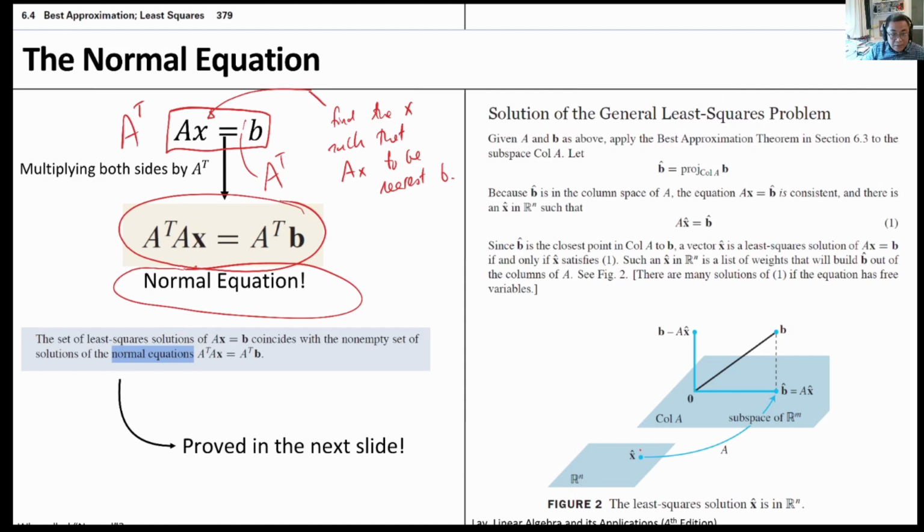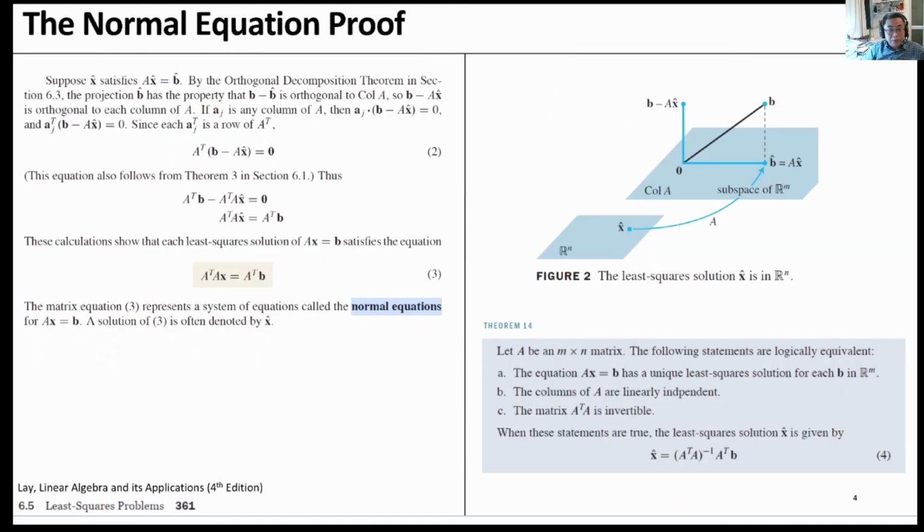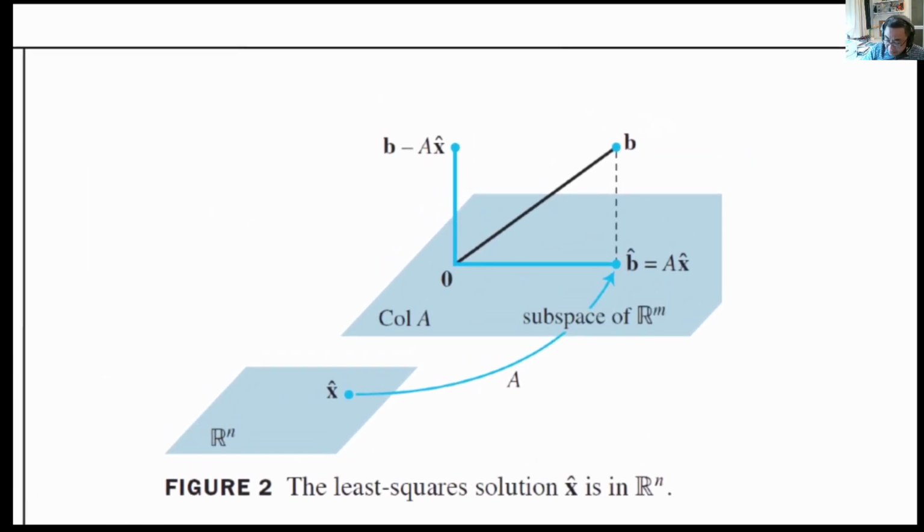The least squares solution of x can be found from this normal equation. How do we prove the normal equation? We'll use first this figure. This is the desired point b in the space of R^m. b hat is equal to A x hat.